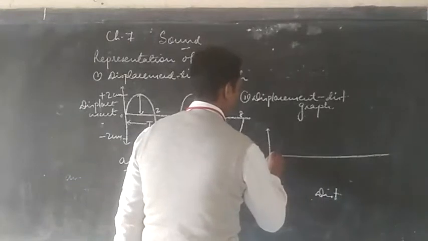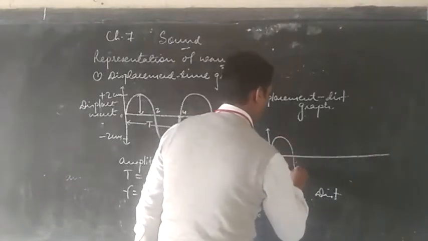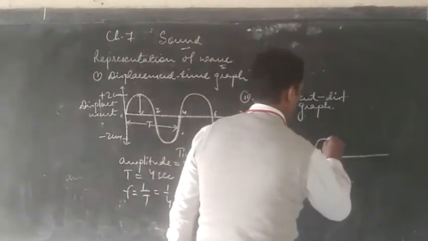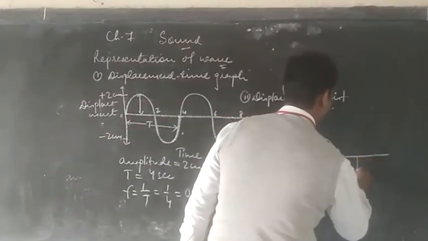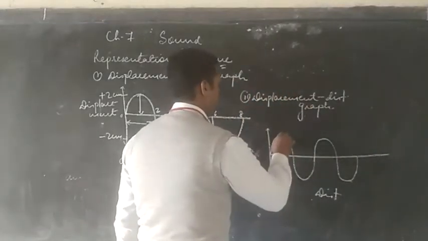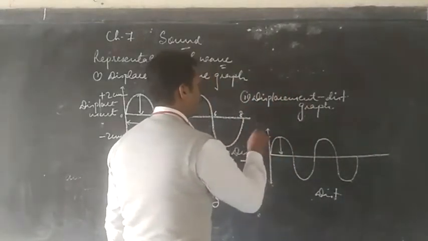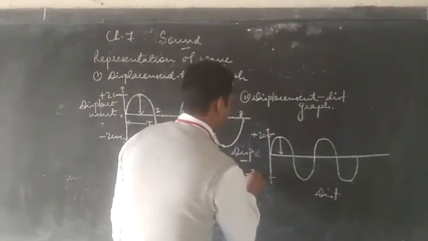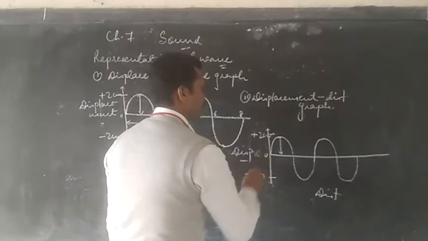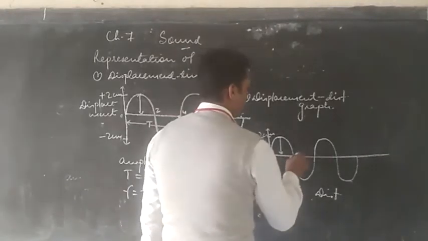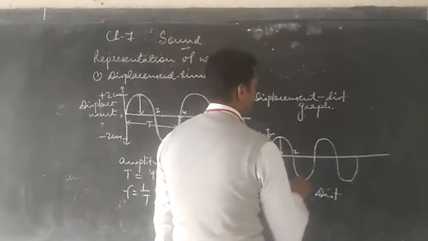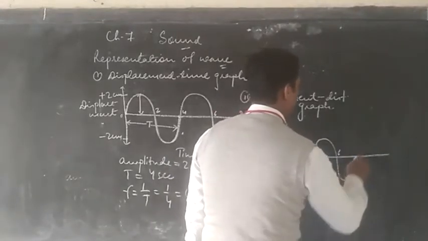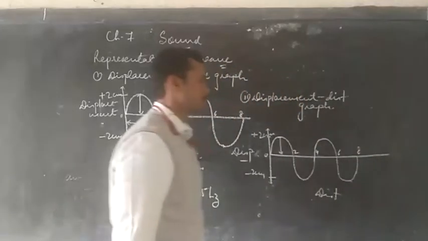Now, when you draw the graph, this time also I am taking two complete waves, and let us suppose the height this time is plus 2 centimeter, and we can take this as 2 meter, 4 meter, 6 meter, 8 meter, this way.